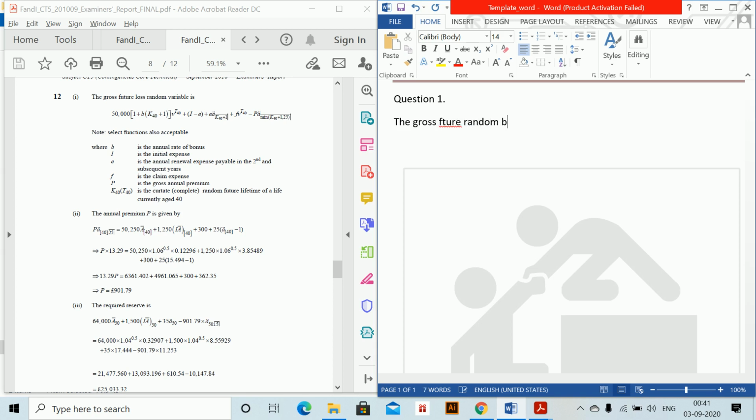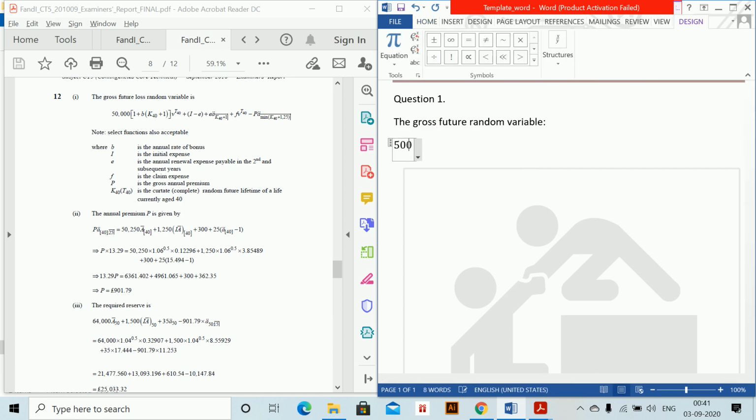The gross future random variable is equal to 50,000 into (1 plus b) (K40 plus 1) close brackets v to the power T_40, plus initial expense I minus e plus e ä_{K40 plus 1}.